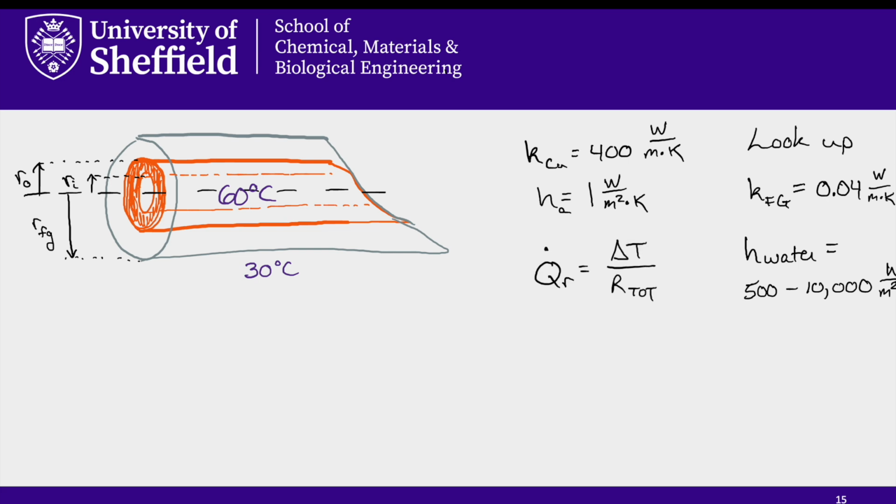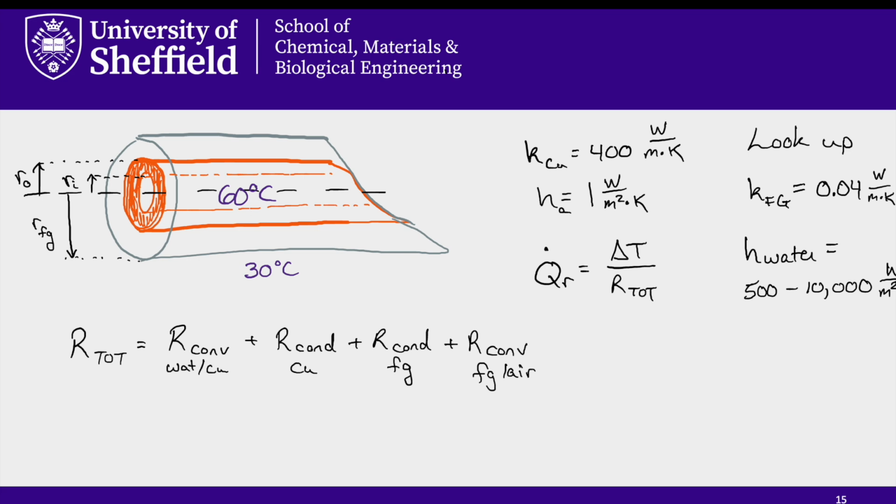So we're going to use our generic expression for heat flow in a multi-layered geometry, and we're going to write out the terms of resistance that we need to calculate. So there's the convection between the hot water and the copper, conduction through the copper, conduction through the fiberglass, and finally convection from the air, from the fiberglass into the air.